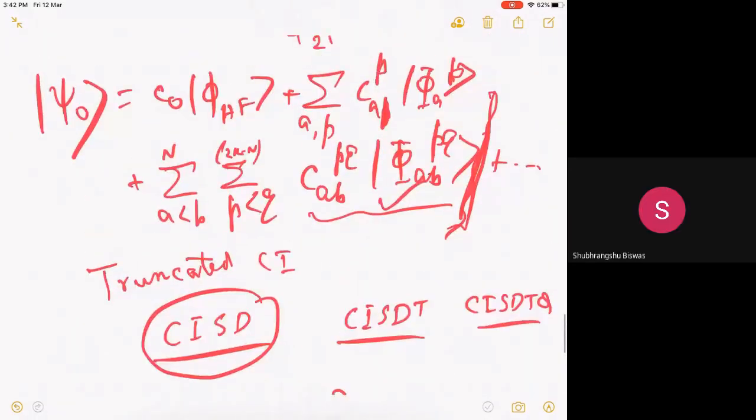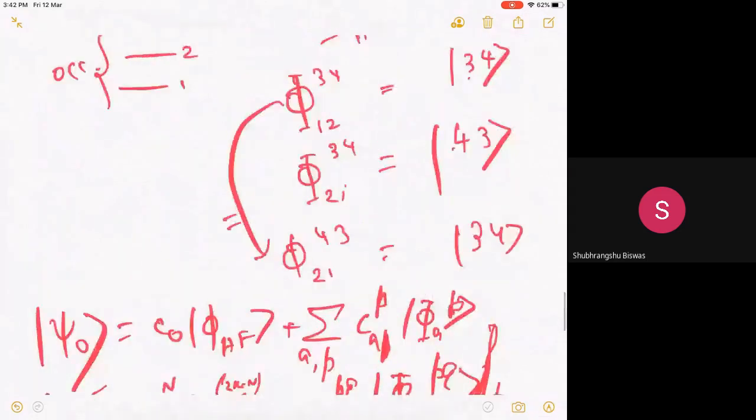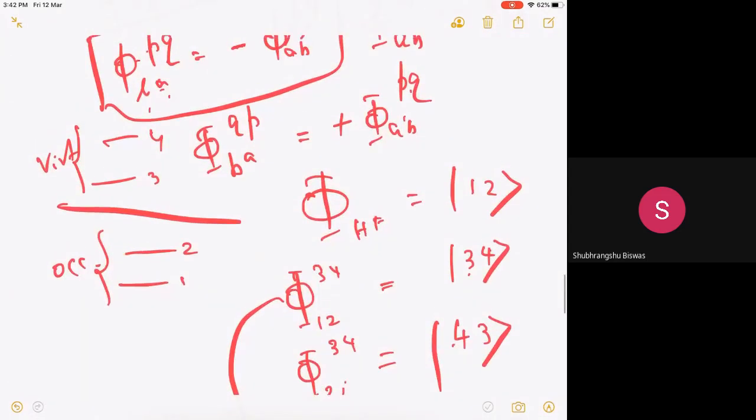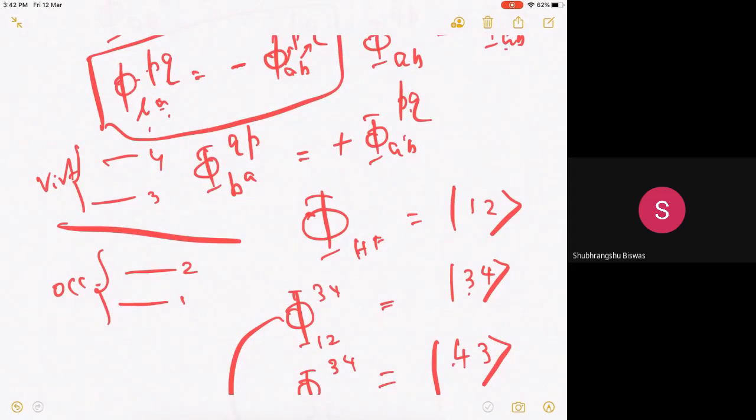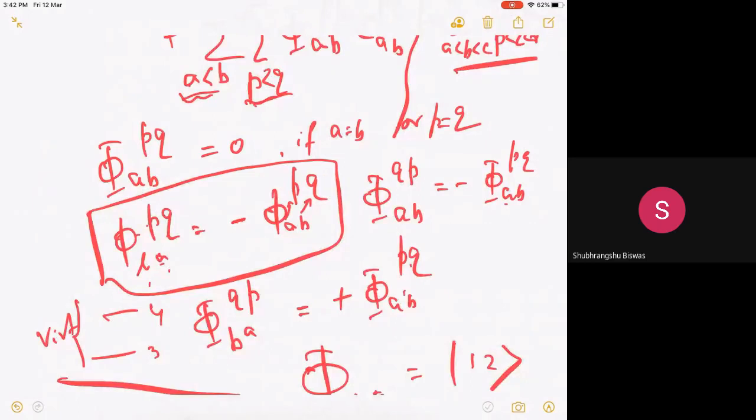As we have seen in the doubly excited determinants, it is not the doubly excited states, it's a doubly excited determinant. A state is a ground state. The relation between exchanging the a b or p q that you showed earlier: can we extend this for any number of excitations, like triple excited?